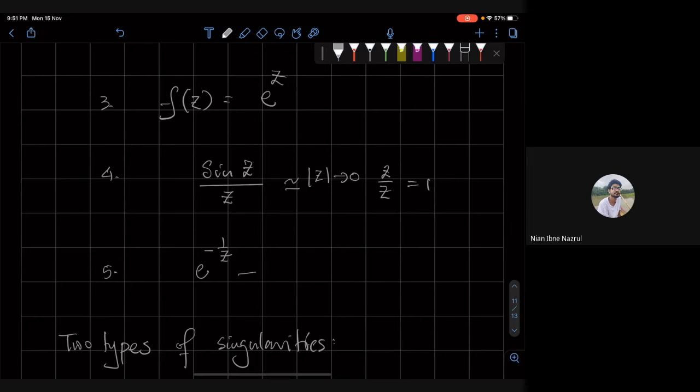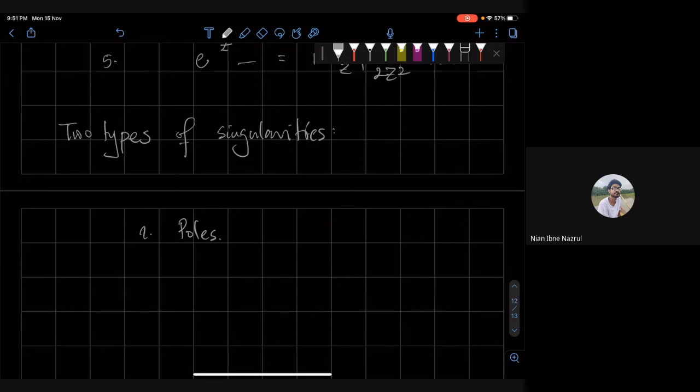But for this one, if I expand it, you see that 1 minus 1 over z plus, say, 1 over 2 factorial z squared, and so on. There is no finite power of z that we can multiply by to get rid of the singularity, right? So those types of singularities are called essential singularities. We can multiply e to the power plus 1 over z, but that's not allowed, because you're multiplying by an infinite power of z.